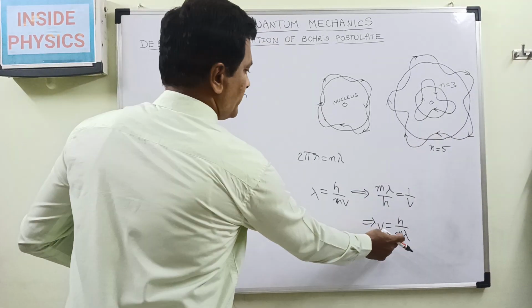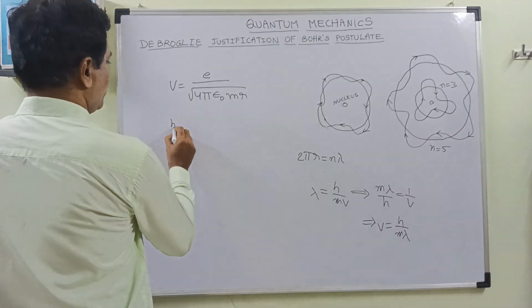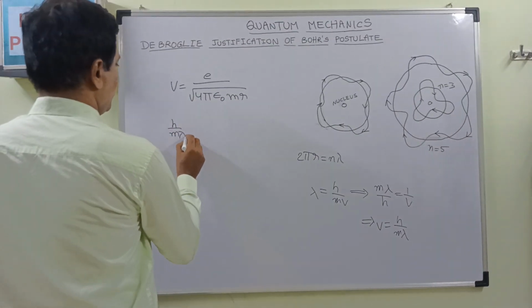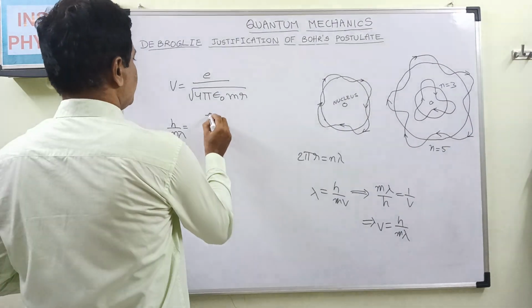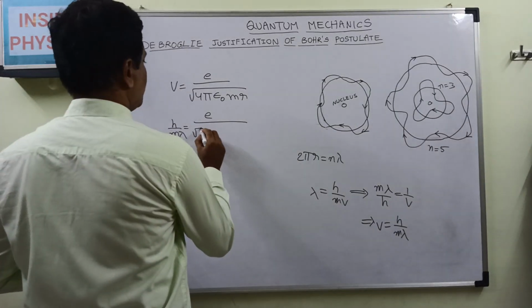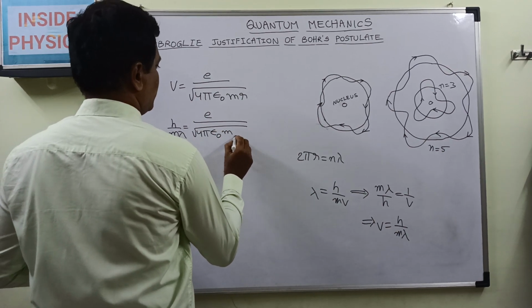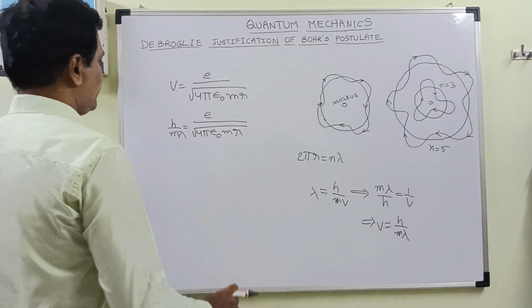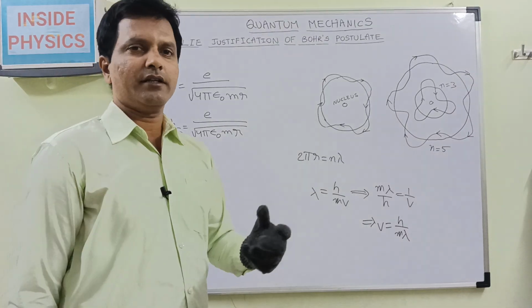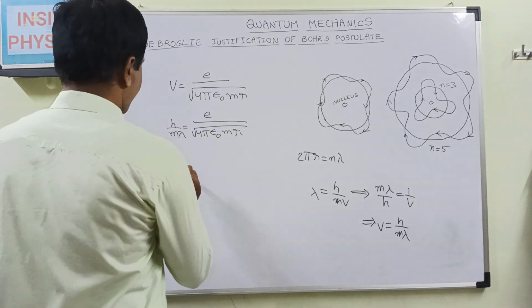So you put v in this equation. What is v? h by m lambda is equal to e by root of 4 pi epsilon naught m r. So what will be lambda here? We need to find the wavelength of the electron moving in the first orbit of the hydrogen atom.